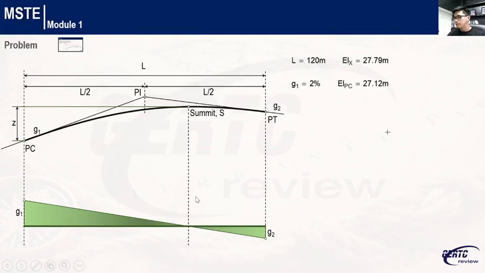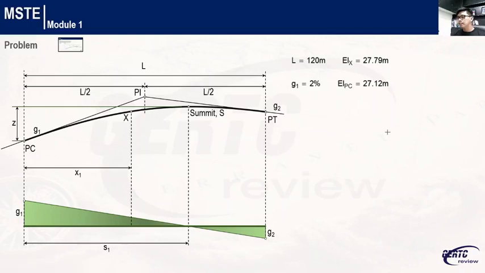Alright, so para makuha natin yan, dapat may S1 tayo. Okay? Itong distance from PC to summit S. So how to calculate this distance? So what we have here is yung given natin at elevation, at station X, ito, no? That is 54 meters away. X1, yung X natin is 54 meters away.